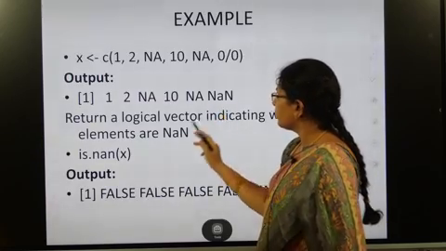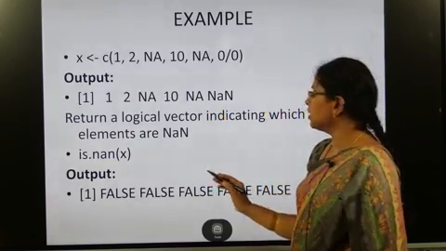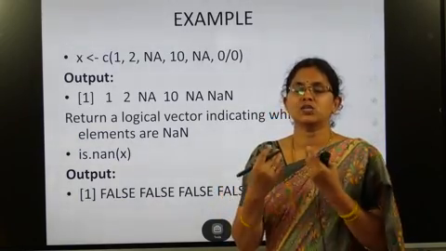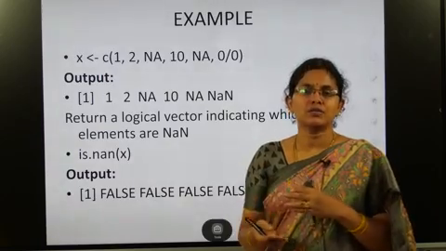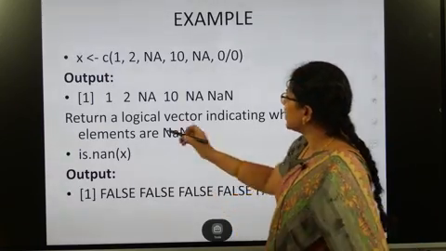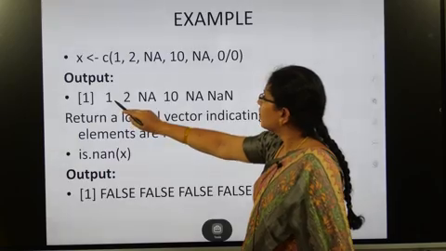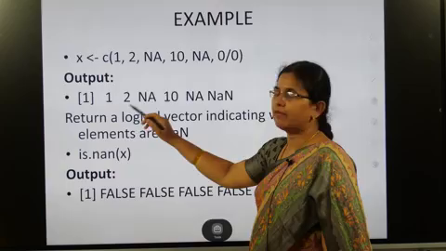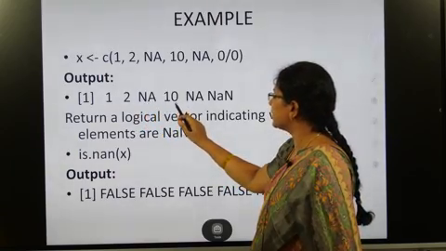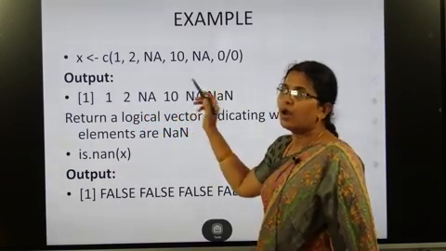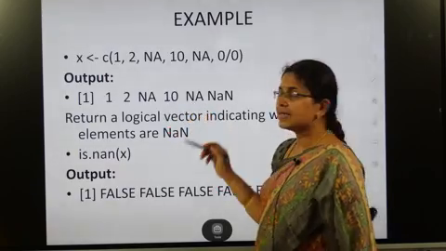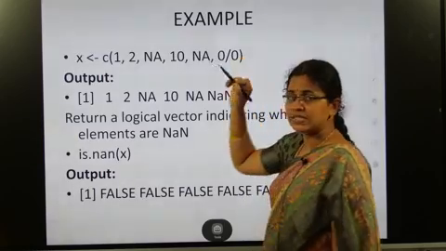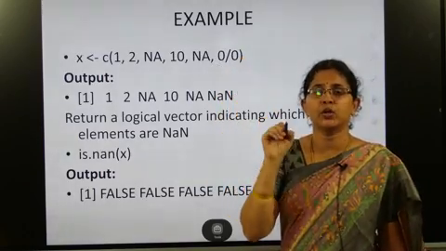In this case, only the NaN value is displayed as true and all the remaining values are false. Here 1 is an actual numerical value, 2 is a numerical value, NA is a missing value, 10 is a normal value, and NA is a missing value, and the additional value that we had given is 0 by 0, which is converted into NaN.